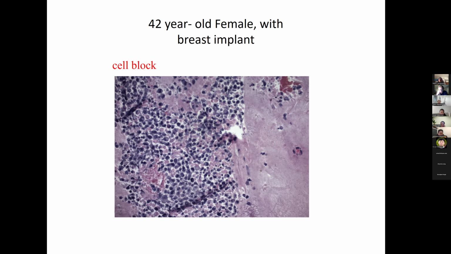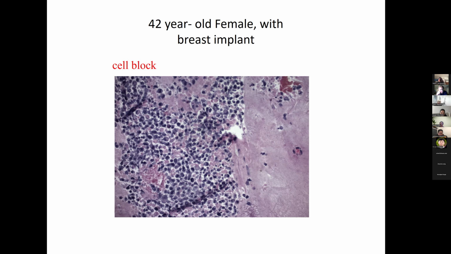You can tell me what you think this is. Normally, when you get implant fluid, would you see this much cellularity? No. Correct. So it looks abnormal right off the bat, and you see a lot of abnormal cells, some with horseshoe-shaped nuclei, very pleomorphic multinucleated cells.